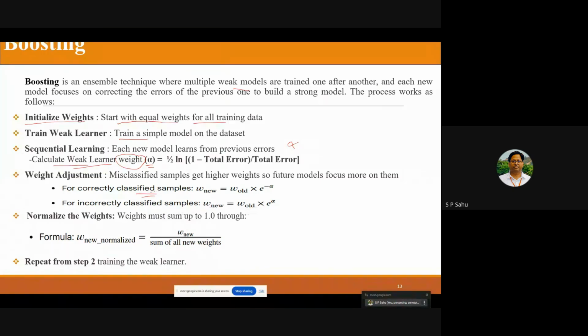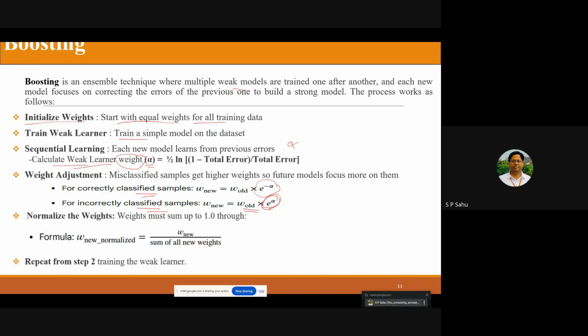For correctly classified samples, the weight will be updated by the term e to the power minus alpha, and incorrectly classified samples will be penalized by the corresponding term. Here you see the error: for incorrectly classified data or samples, the weights are to be increased for the misclassified ones.